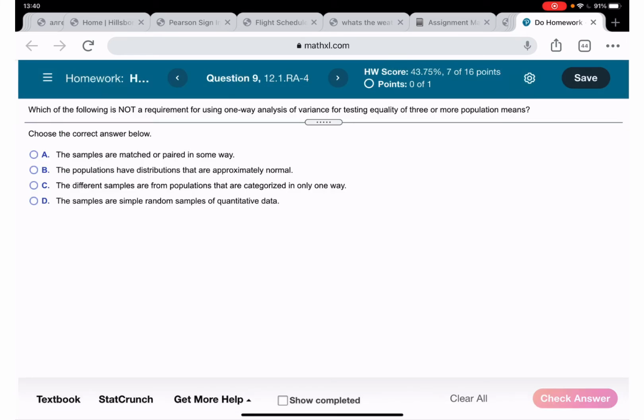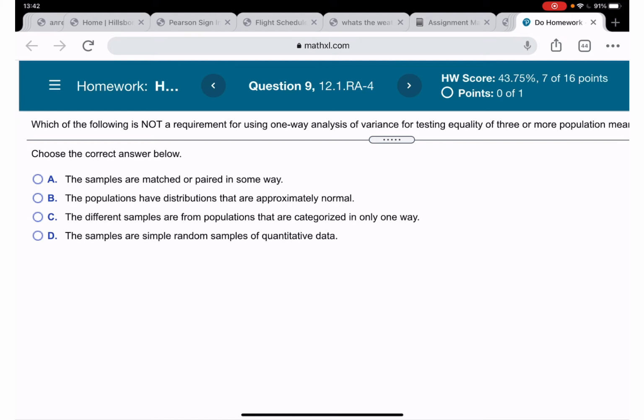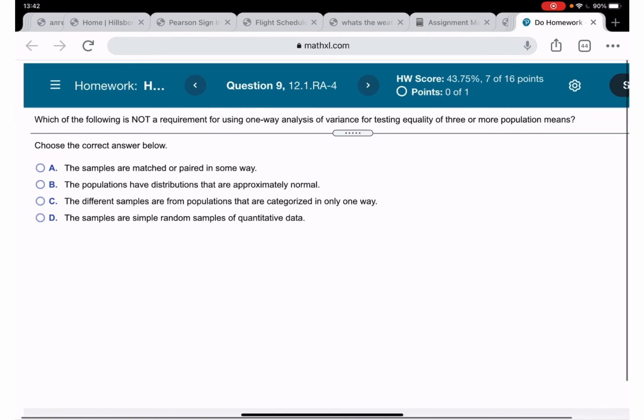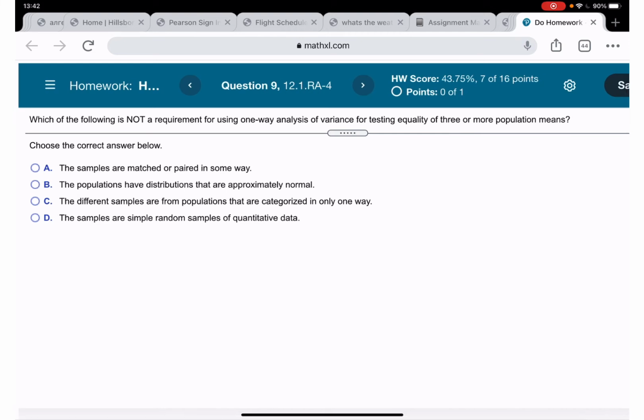Next question, number 9. Which of the following is not a requirement for using one-way ANOVA, one-way analysis of variance, for testing equality of three or more population means? What is not a requirement? Let's see, starting backwards. The samples are simple random samples of quantitative data. This is a requirement. The different samples are from populations that are categorized in only one way.